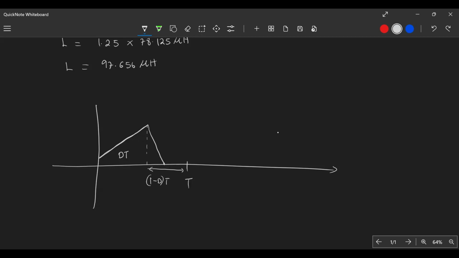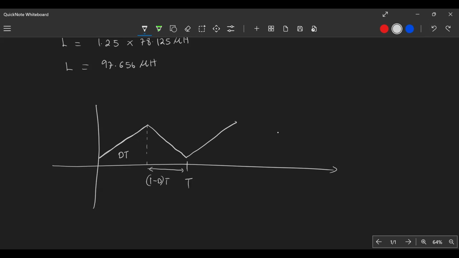So we are trying to avoid this kind of waveform, which you end up having if the inductor is not large enough. That's what I mean by continuous current, so that you are able to supply current during this time, and then just like that.